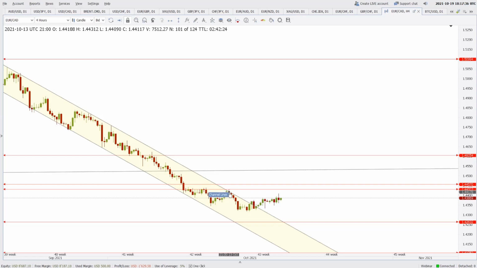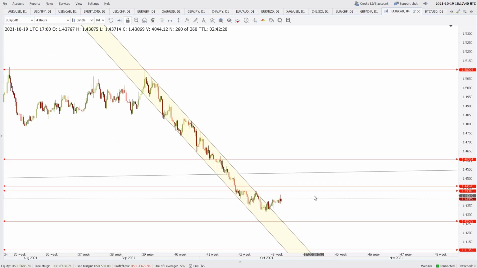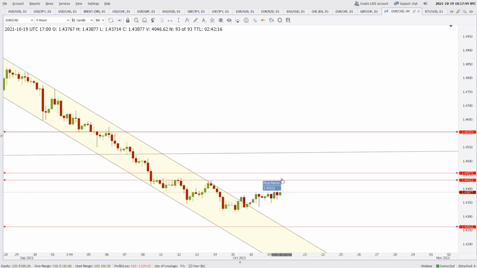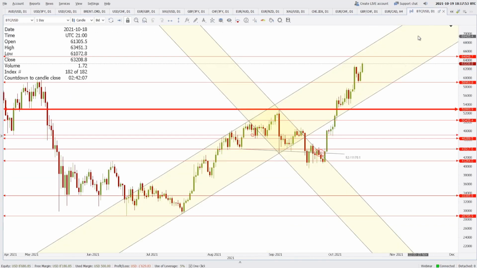Till the time the price does not close higher than 1.4431, we cannot be sure that the euro is stronger against the Canadian dollar. So right now the immediate resistance is at around 1.4431 and the immediate support is at around 1.4263 in this market.